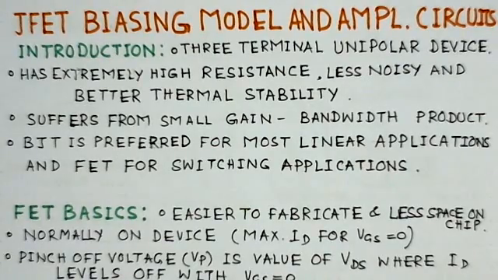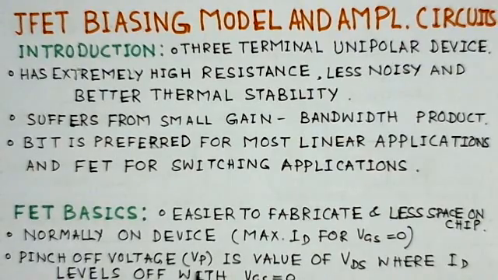We'll see some of the basics about the FETs. FETs are easier to fabricate, and they take less space on the chip, so they are less costly. FET is a normally on device, and its maximum ID is for gate to source voltage of 0.